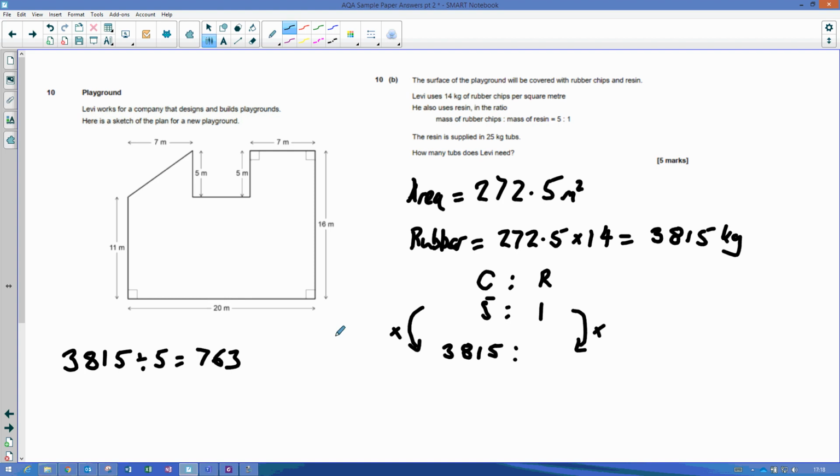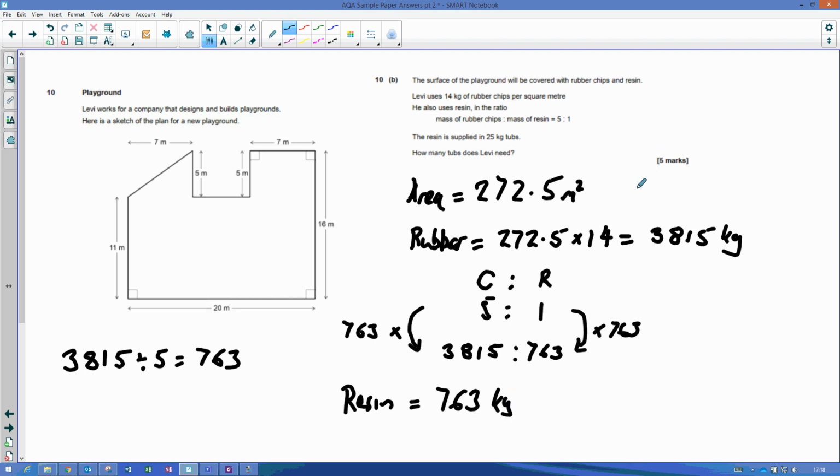So that's what I'm multiplying by in both these cases, 763. Because this is a 1, my answer here will be 763 as well. So I now know that my resin, I need 763 kilograms.